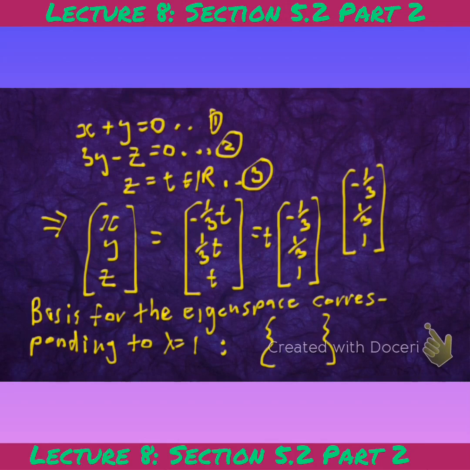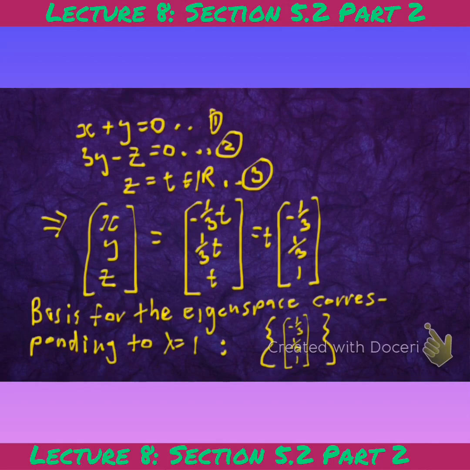We take it and form our set there. That is a basis for the eigenspace corresponding to lambda equals 1. So there are three linearly independent vectors corresponding to three distinct eigenvalues. So this matrix can be diagonalized.